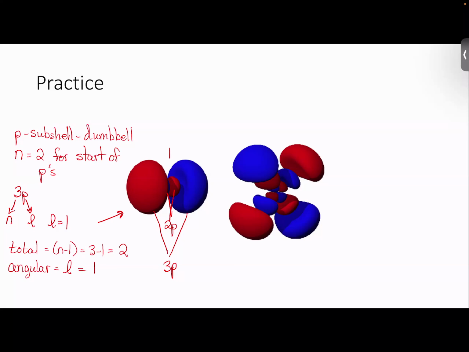That angular node splits the two lobes of the p orbital. Then your radial is total minus angular, or in other words, 2 minus 1, so therefore there is one radial node. And the radial node, you can't see the other p, but it would basically be between the 2p and the 3p.